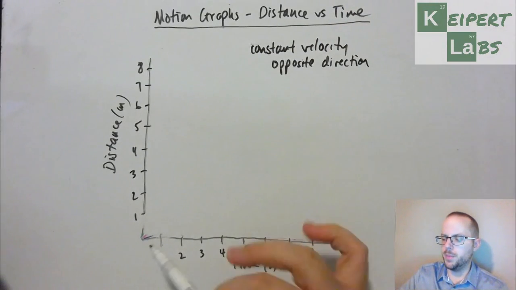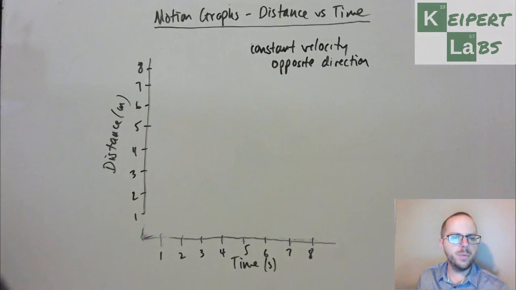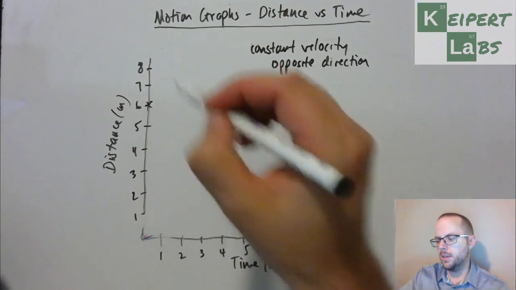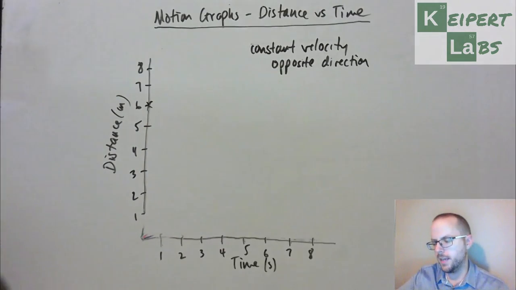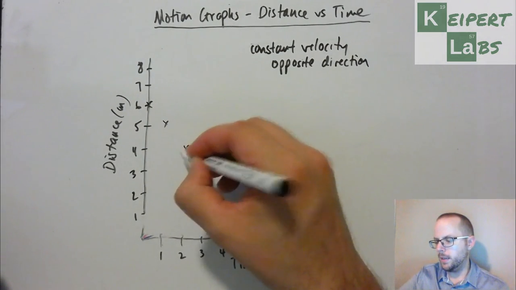Okay, so if we had an object that was starting on the left and making its way to the right, what about if we were starting at a certain point on the right and moving our way to the left? Let's say we were starting up here, 6 meters from where we would set the starting point, and that over time we're going back like this.